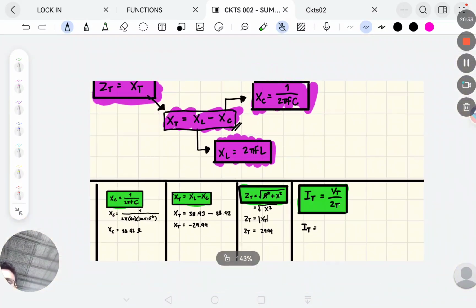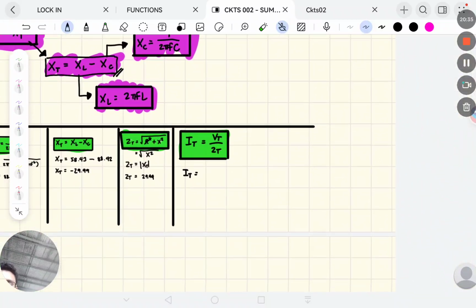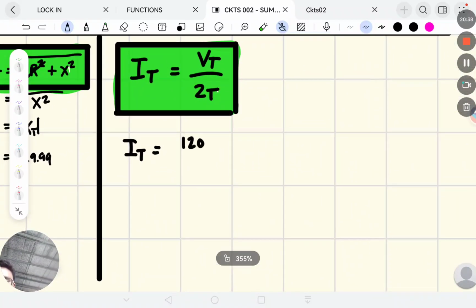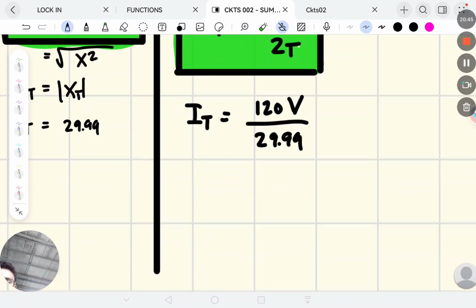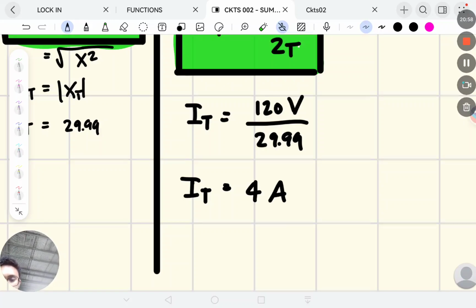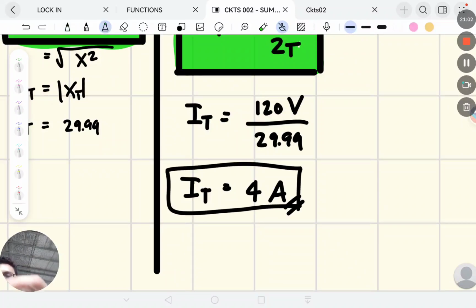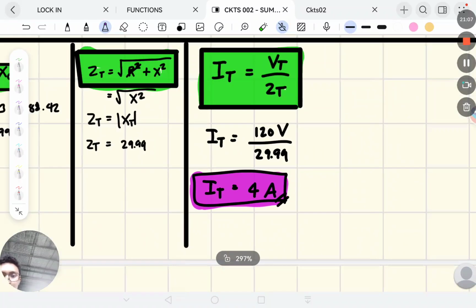Voltage total is 120 volts. 120 volts over ZT, 29.99. What is the total current? Compute. Divided by 29.99 is 4 amperes. Ito po ang total current in the circuit. Pero hindi pa tayo tapos.